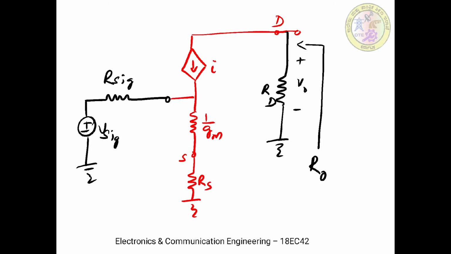And similarly across Gm our VGS is there, gate to source voltage. And here we measure Vi plus minus, and here itself we take Rin also. So this is the equivalent circuit diagram in order to analyze the further parameters.